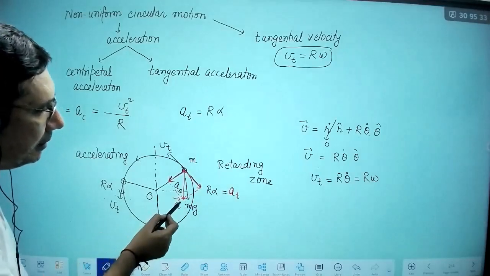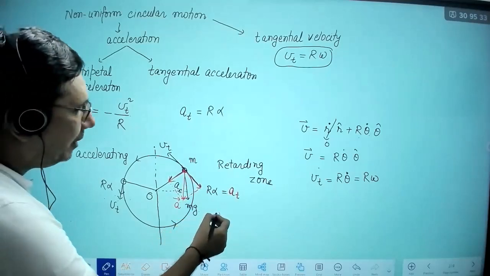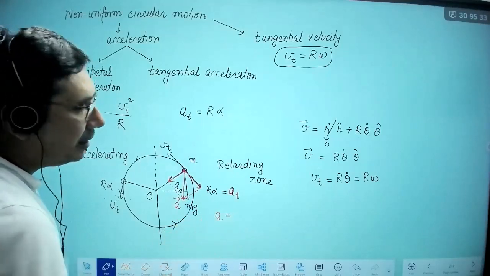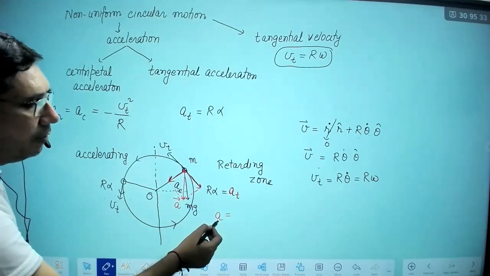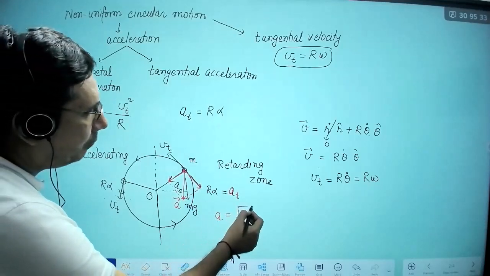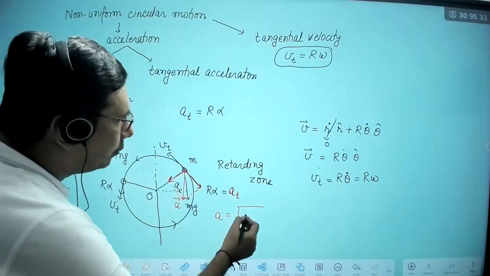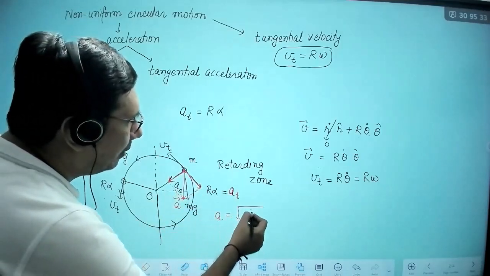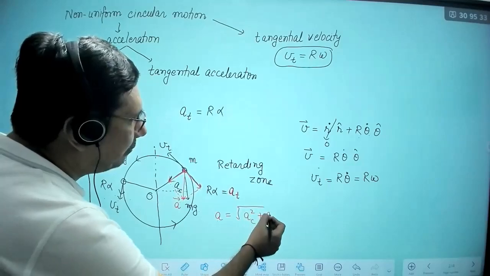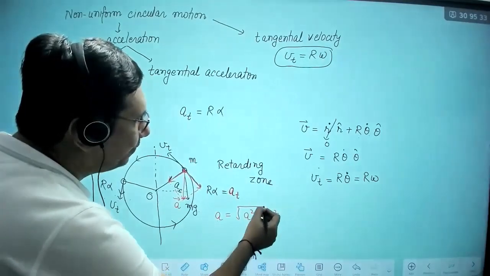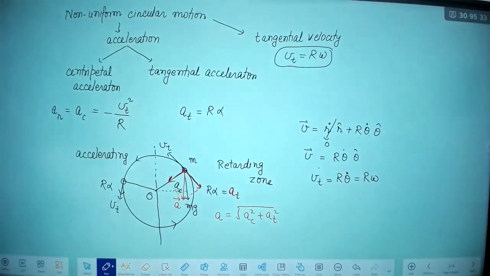Resultant acceleration will be how much? In case of circular motion, what will A be? AC and AT are at 90 degree, so A will be equal to the square root of AC square plus AT square. This will be the net acceleration, beta.